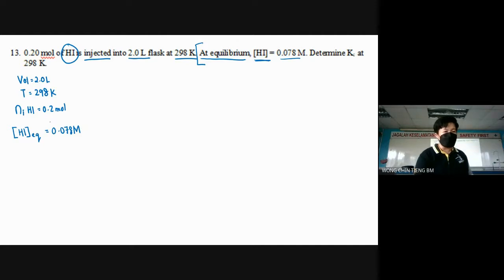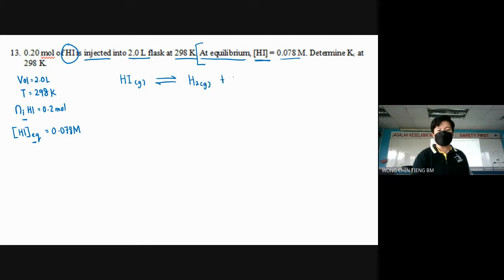Ala-ala aku nak jawab, aku nak betul. Okay? So, label. I have number of mole. I have concentration. Soalan tak bagi equation. Biggest problem. Betul? Aku tak tahu aku nak buat apa. Soalan bermula dengan HI injected. Aku nak buat apa? I would say, dia adalah soalan dissociation. Bila dia tak bagi apa, HI sahaja, HI adalah gas, dia boleh pecah kepada H2 gas.